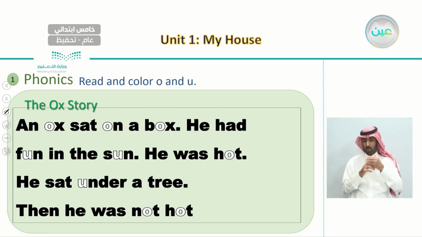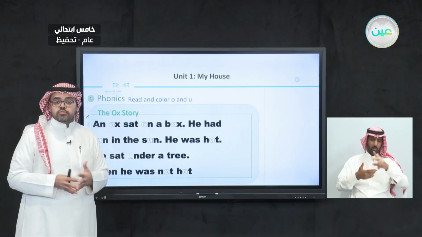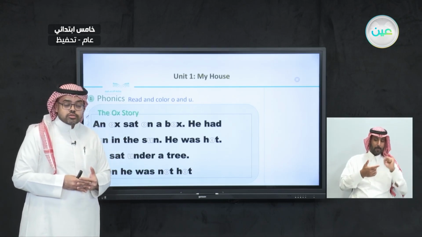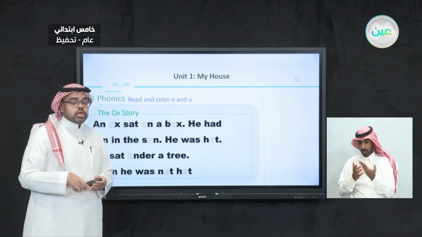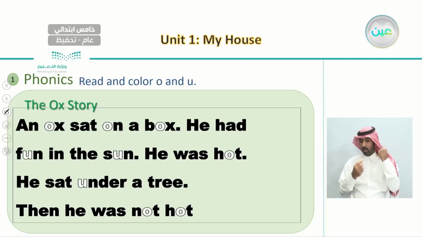So not only did we listen to the story, but we also said it again, and we also colored O and U with different colors, because we said it will help us to know the differences between these two letters. So let's read the story one more time so we can learn and remind ourselves of the differences.